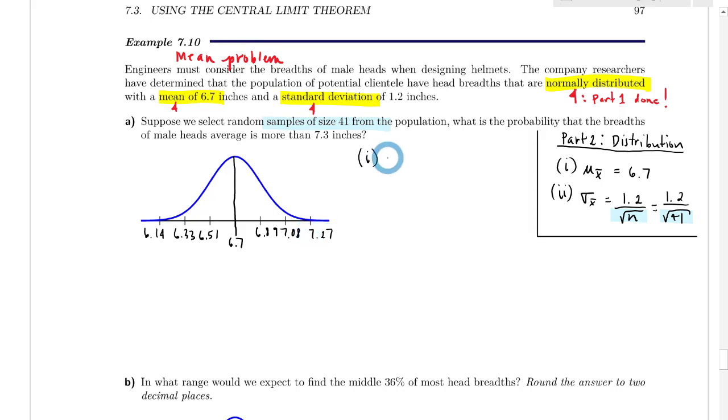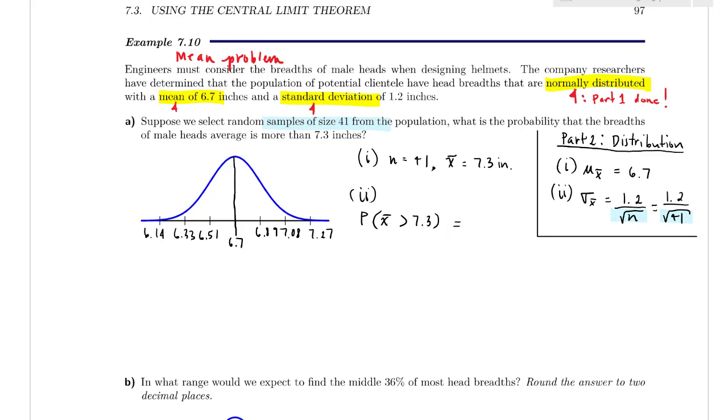So if I have a sample size of 41, and I want to see if I took a random sample of 41, that the male heads' average is more than 7.3 inches. Here I'm looking for the probability that the sample mean of the sample I take of 41 is more than 7.3 inches.